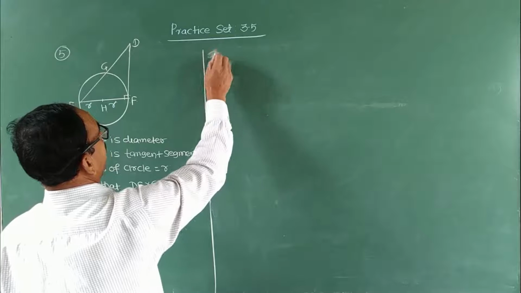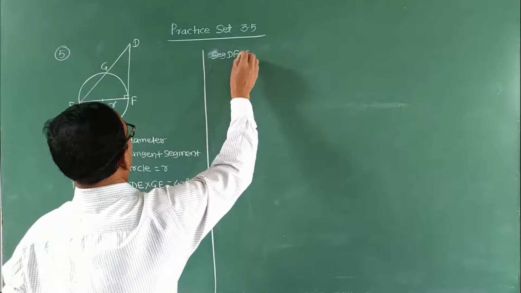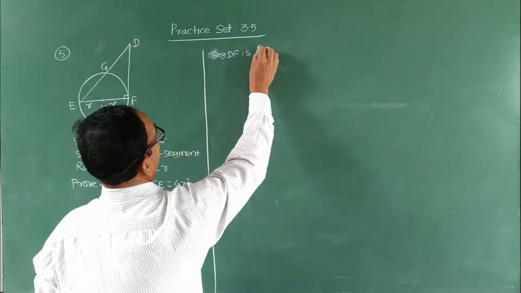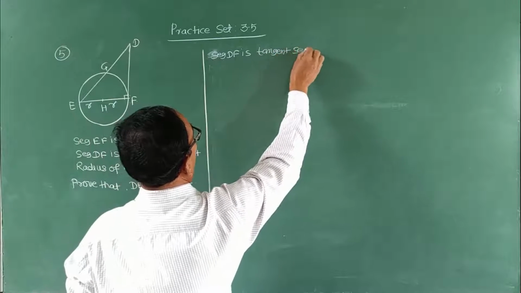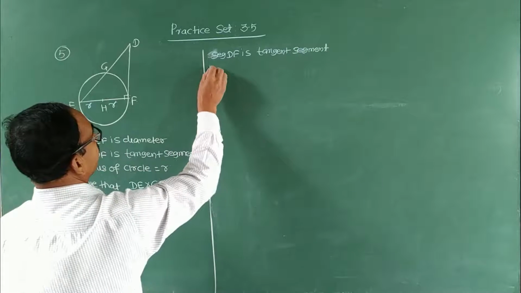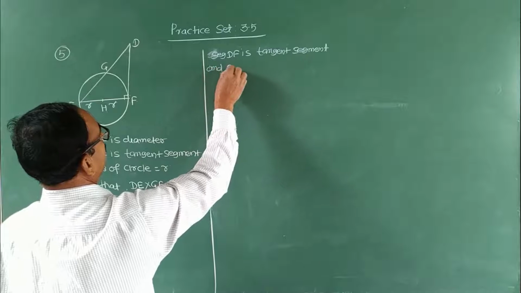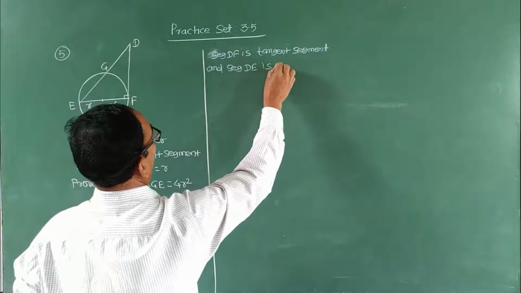So here we can write segment DF is a tangent segment and segment DE is a secant.